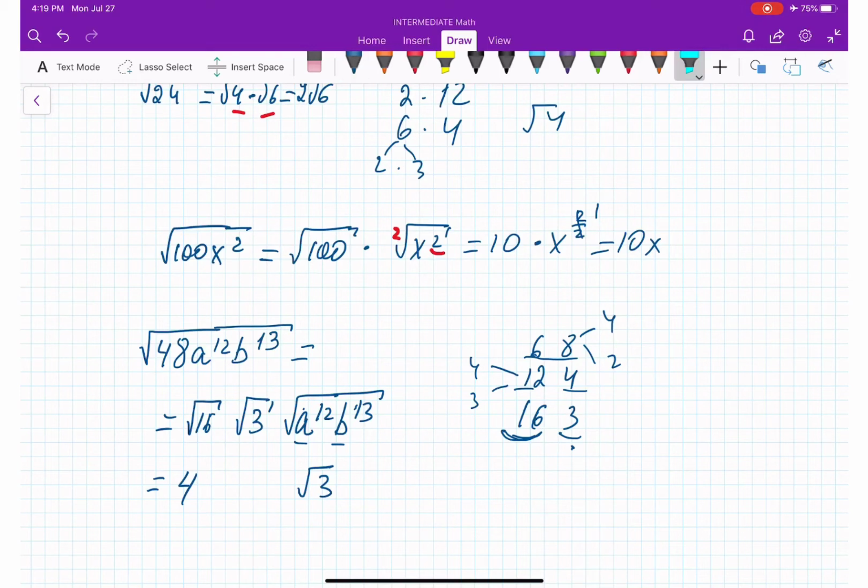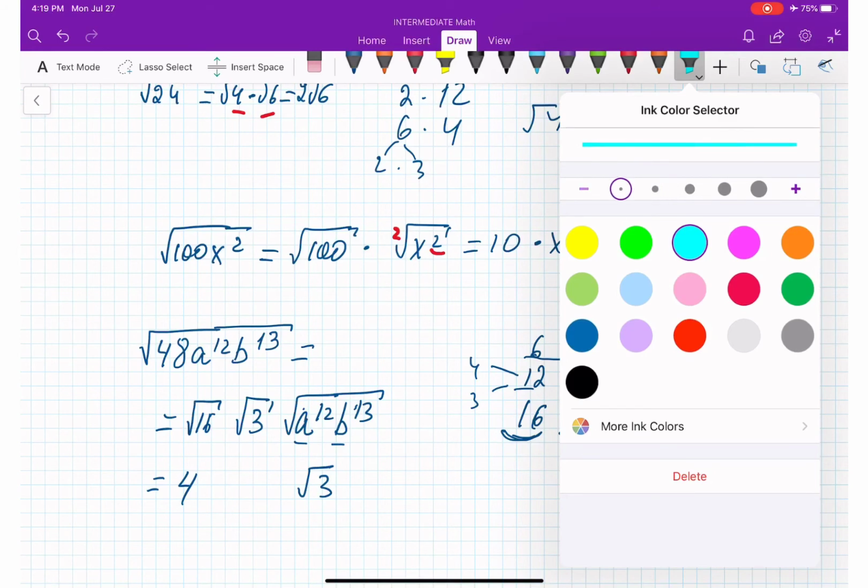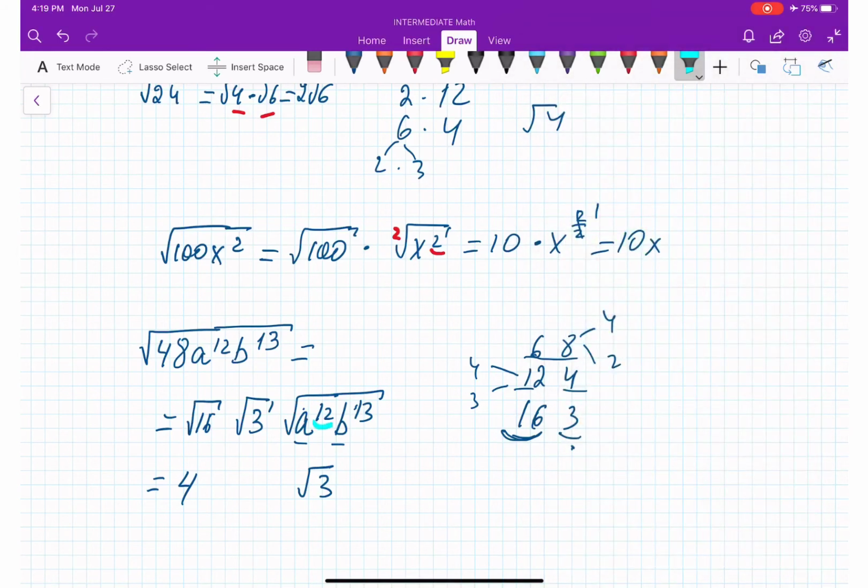We take this 12 and we divide by these 2, right? 12 divided by 2 is going to be 6. So a to power 6 comes out. Now b13 divided by 2. What do we get? 13 divided by 2 is going to be 6 and 1 remainder, yes? So b to power 6 comes out. The remainder is going to stay underneath because it doesn't have enough. That's all. Okay?